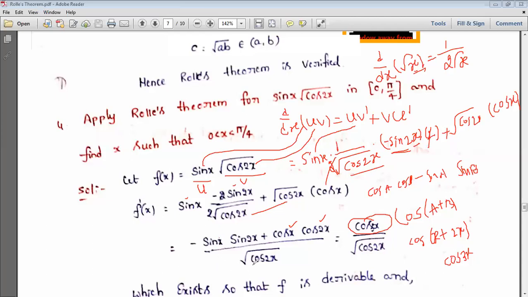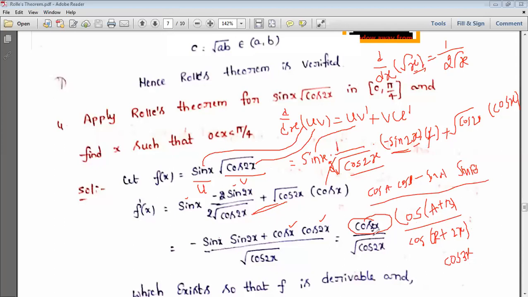If we take the LCM for this, simply we get minus sin x into sin 2x plus square root of cos 2x into square root of cos 2x, which is cos 2x, and cos x as it is. Now if you observe this, it is in the form of cos A cos B minus sin A sin B, which is cos of A plus B. Here A is x and B is 2x, so x plus 2x is 3x.